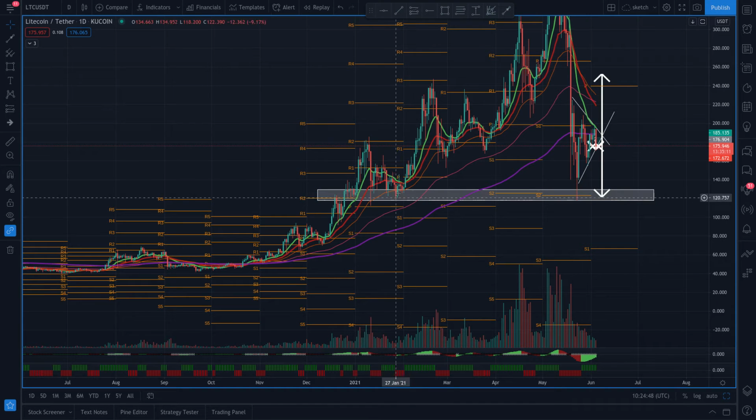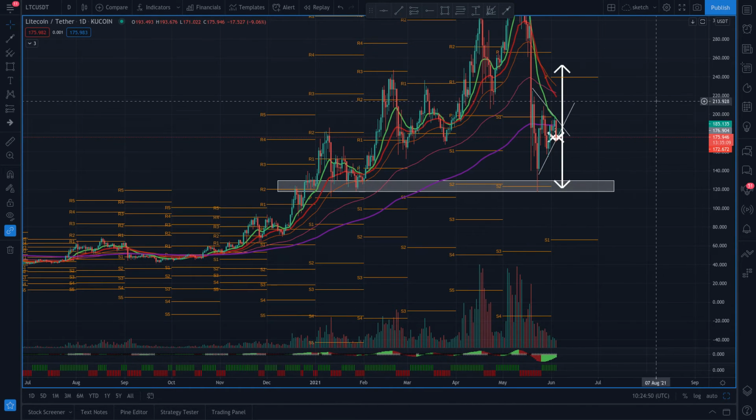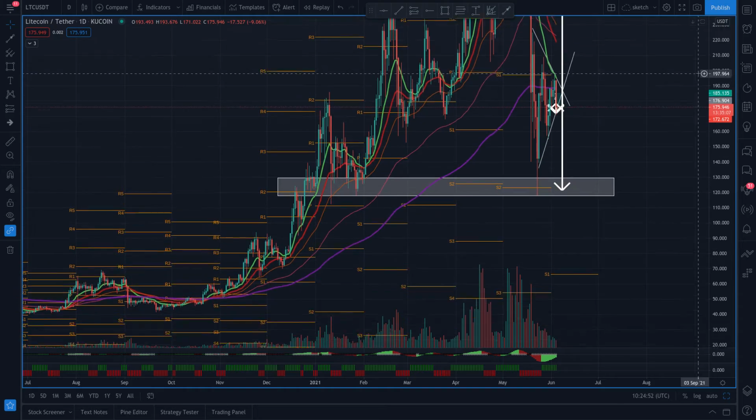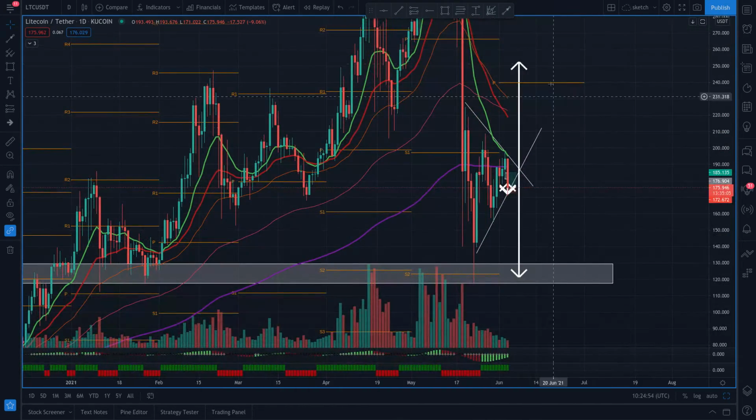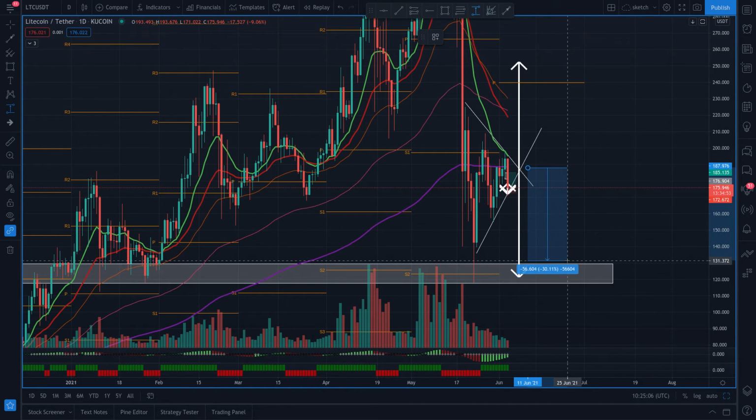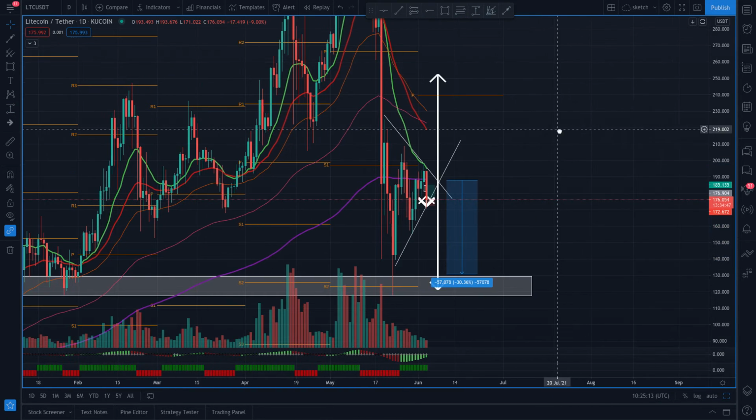Consolidation, rejection. What are we looking at in terms of damage, in terms of risk? Let's see. From this price down, we're looking at 30%. A 30% downside is crazy.